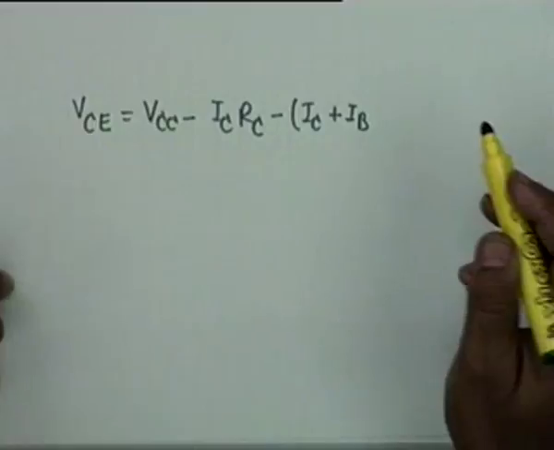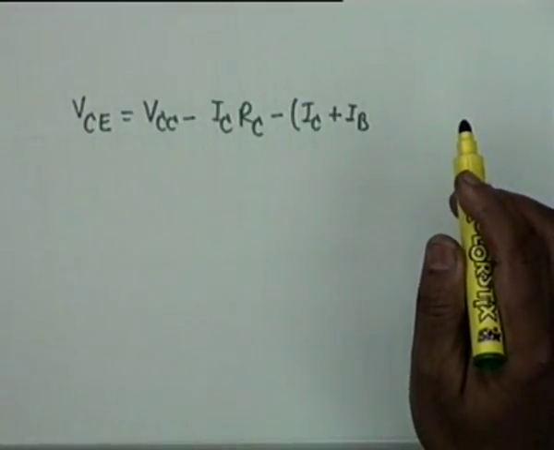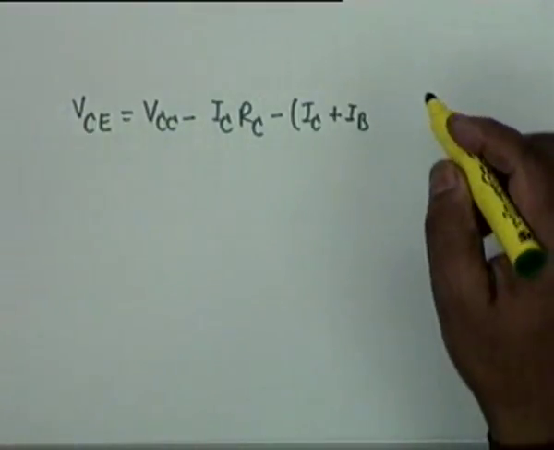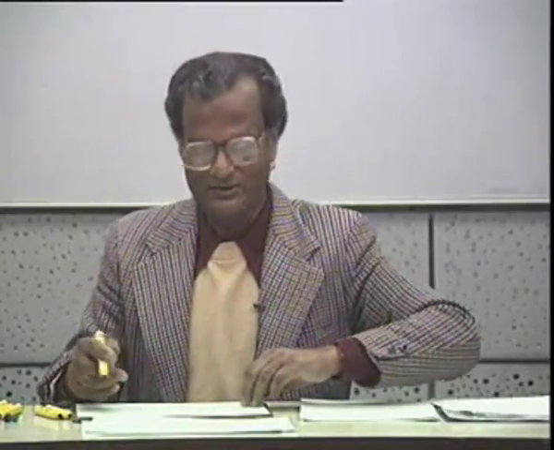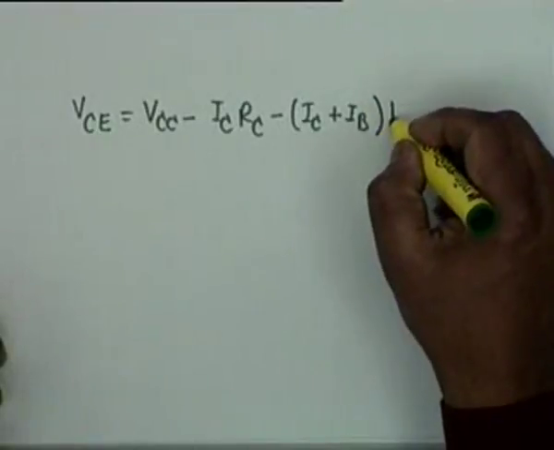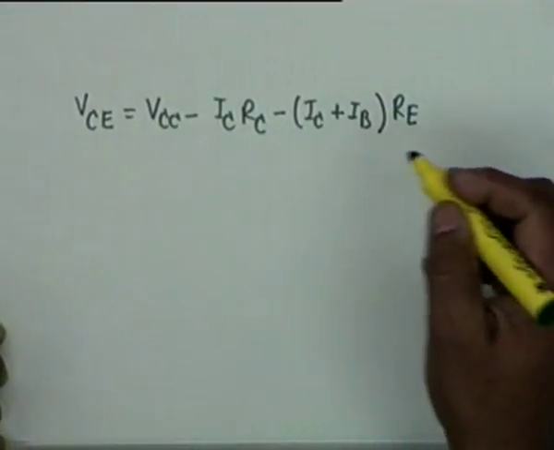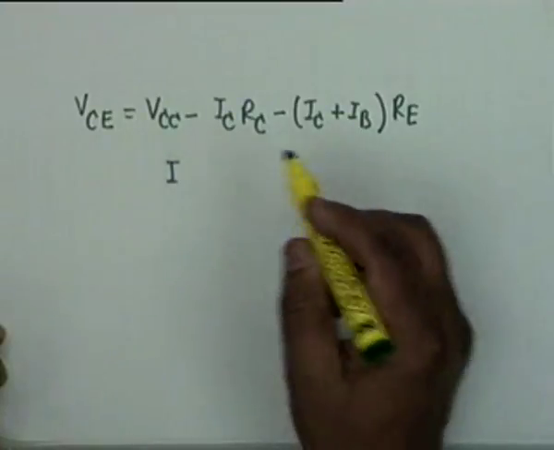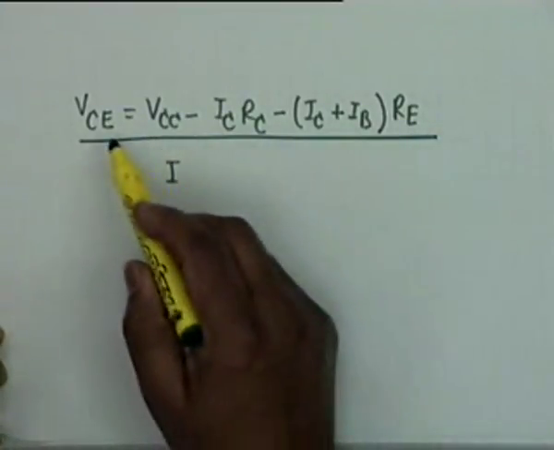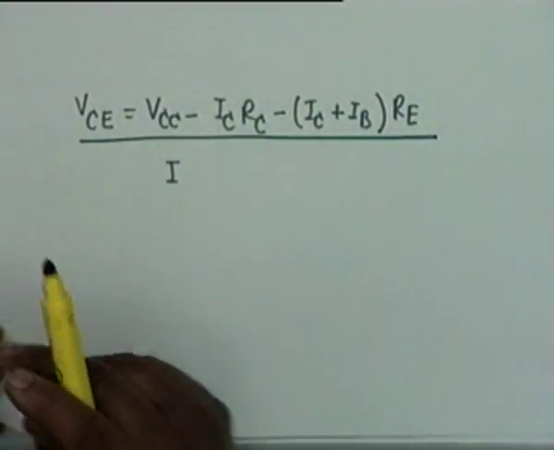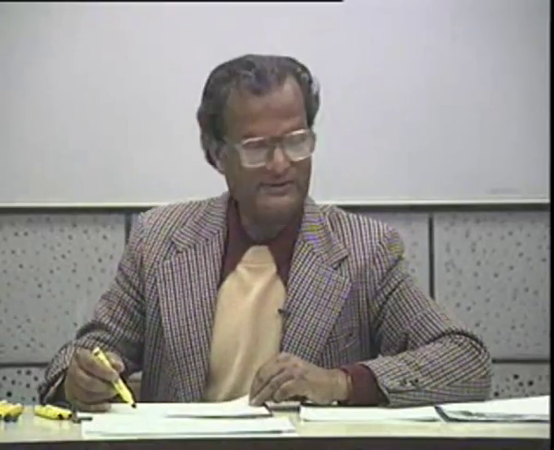I want to write this expression in terms of I sub C. So I don't write (beta plus 1) IB plus ICEO; instead, I write I sub C plus I sub B times RE. And in this, I want to write the expression in terms of I sub C only. I don't want I sub B.